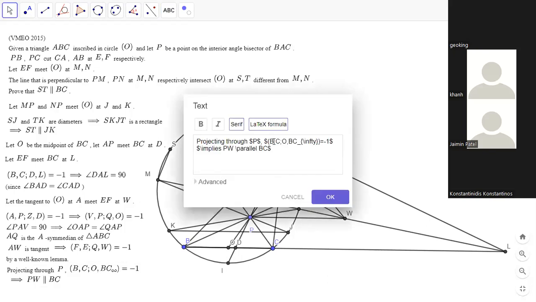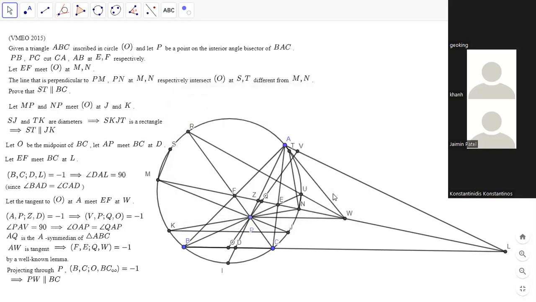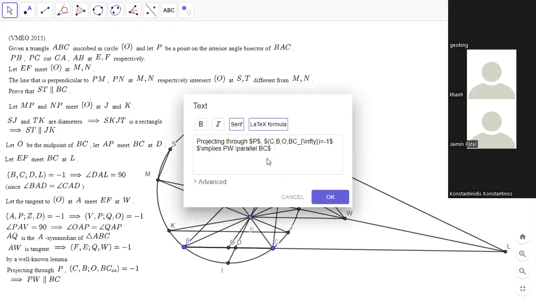Yeah, I'll just swap this. Why not? Or I'll say CB and PW cap BC. That's probably the right way to write this.